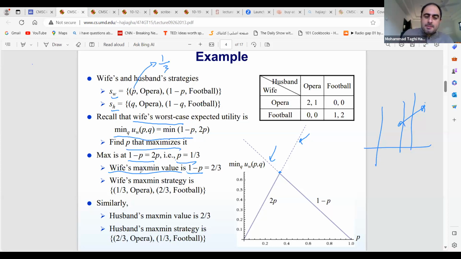Now, what is the maximin value? The wife's maximin value is, by definition, the minimum of 1 minus p and 2p, but these two are equal. So the wife's maximin value would be 1 minus p, which is 2/3, or 2 times p, which is again 2/3. So the maximizer is this, and the value is this.